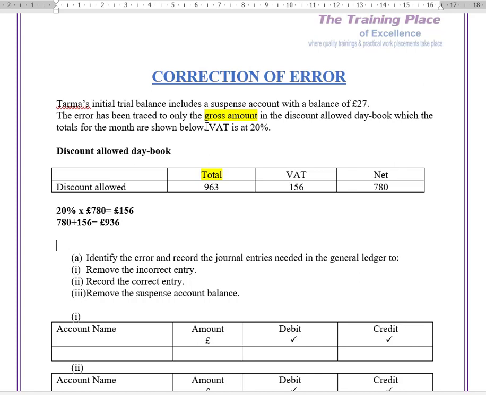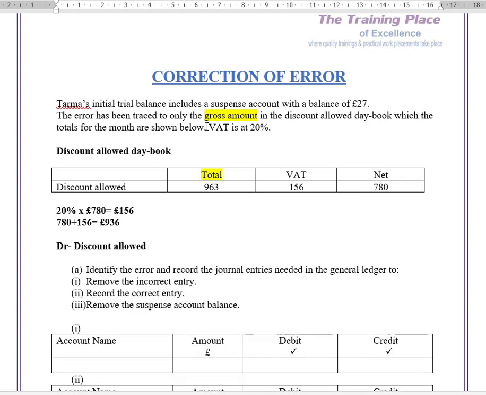What am I expected to do then? You will be expected to know and remember, what is the double entry for posting discount allowed? Then, where does the gross amount sit? And that is where your error sits. So to account for discount allowed, I expect you to know discount allowed will be debited with your net amount.